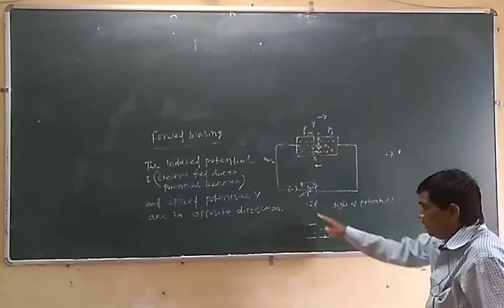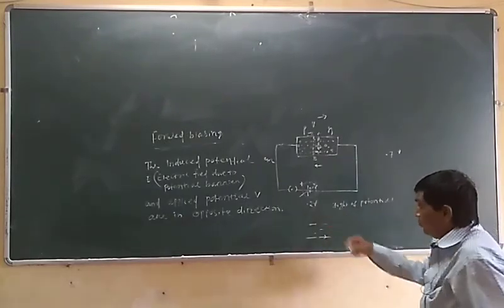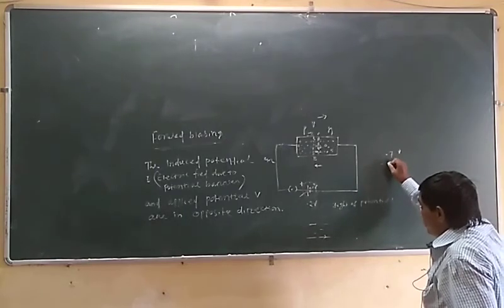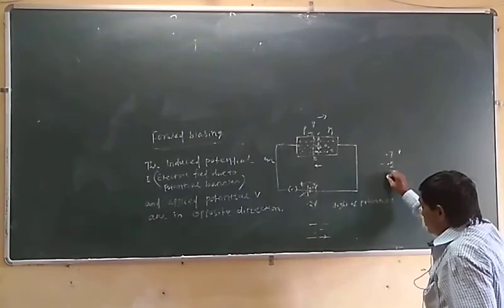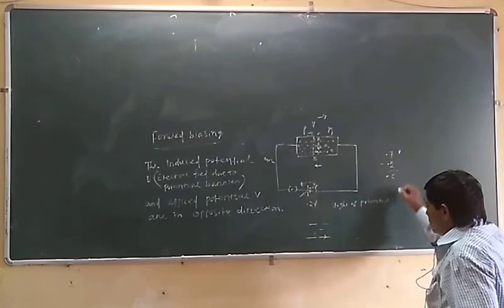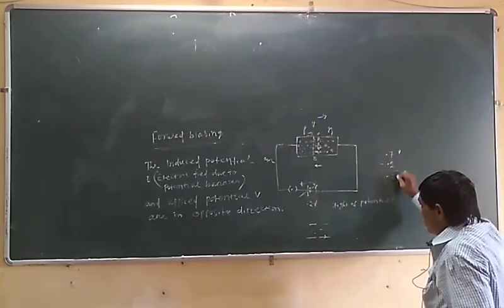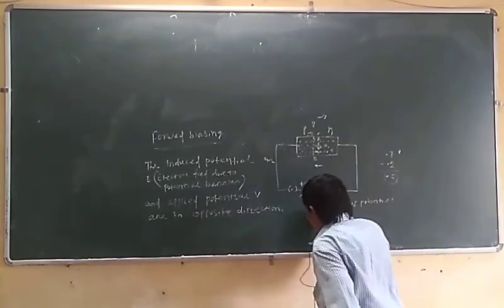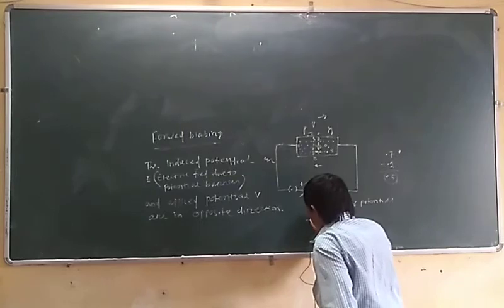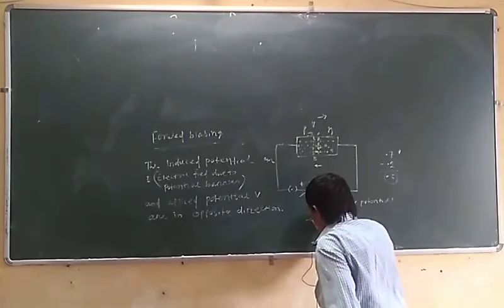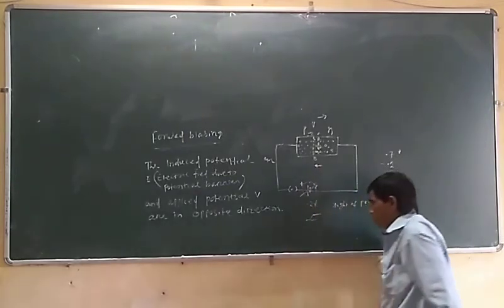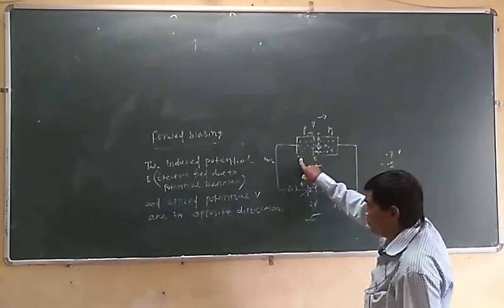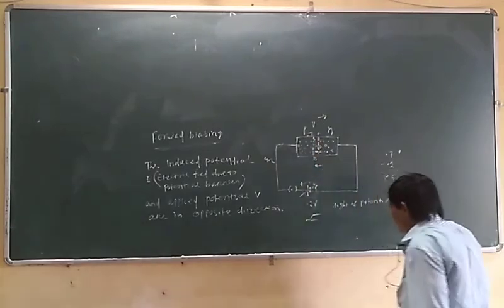But we applied 0.2 volt in the opposite direction, so the algebraic sum is 0.7 minus 0.2, that is 0.5 volt. So the potential does not collapse, there is still some potential barrier. So it will not allow the electrons to flow from positive to negative.